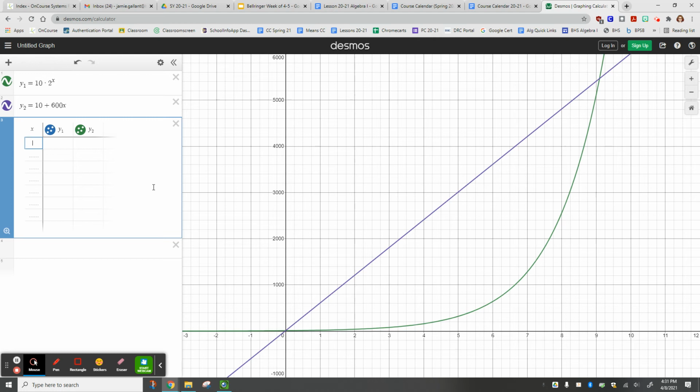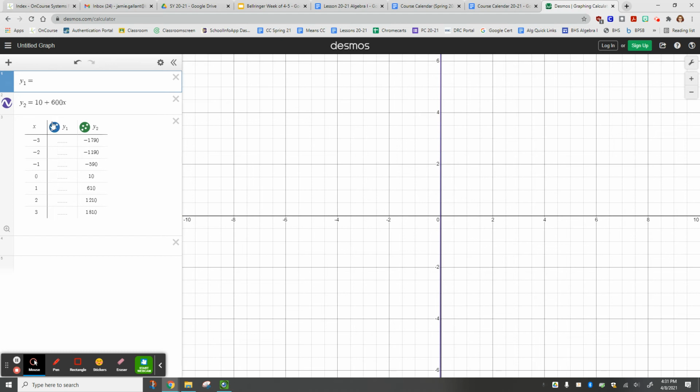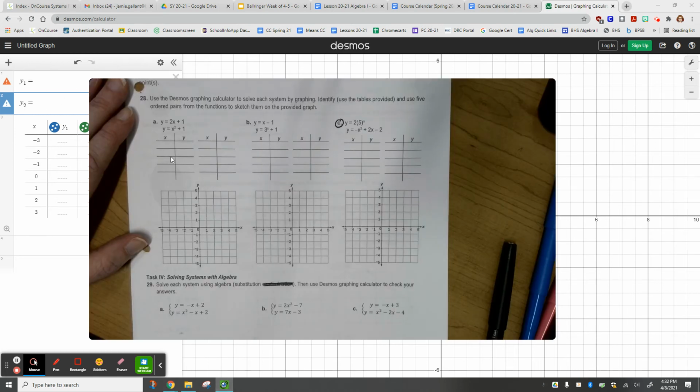We're going to pick -3, -2, -1, 0, 1, 2, and 3. We're also going to change these to our 2 functions. So what I'm doing is kind of cheating and giving you some ordered pairs to plug in. What you could do is pick ordered pairs, plug them in, and graph them. But you don't have to do that.